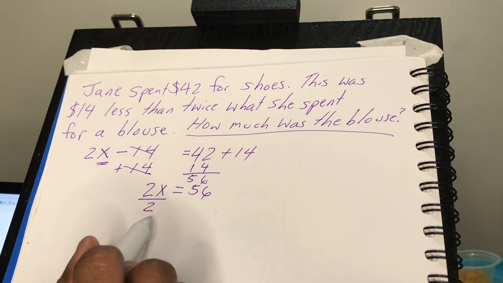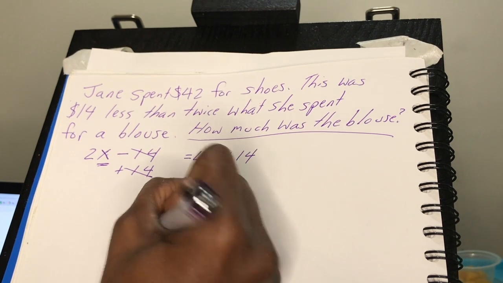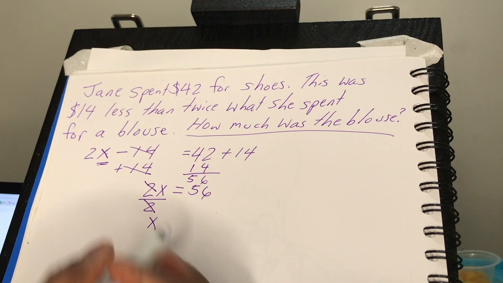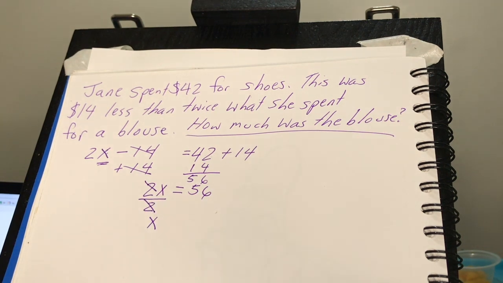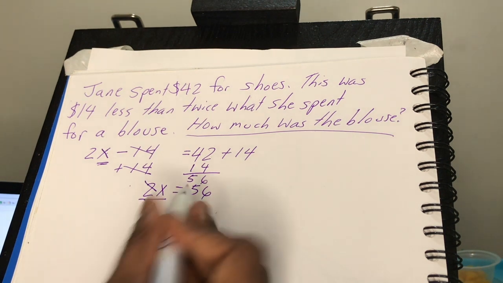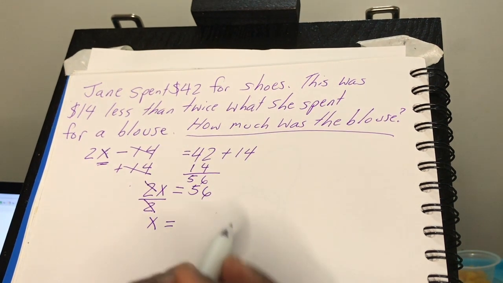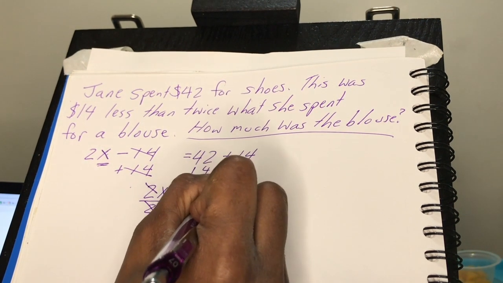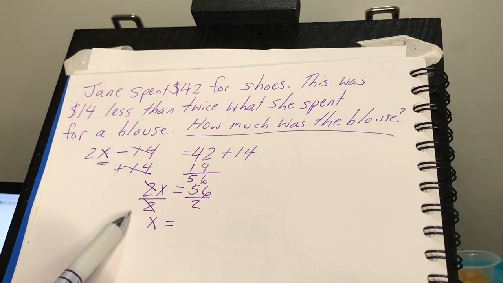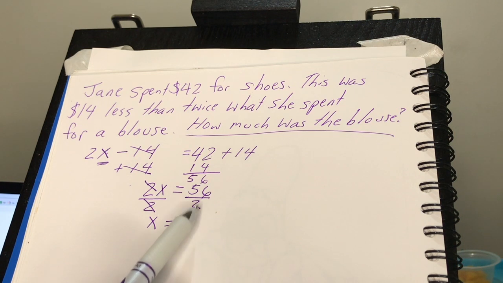X will be isolated on this side of the problem, on the left side. So the 2 cancels out because 2 divided by 2 is 1. We know that x is the same as 1x. Okay, we had to divide this side also by 2 because whatever you do on the left side, you have to do on the right side.